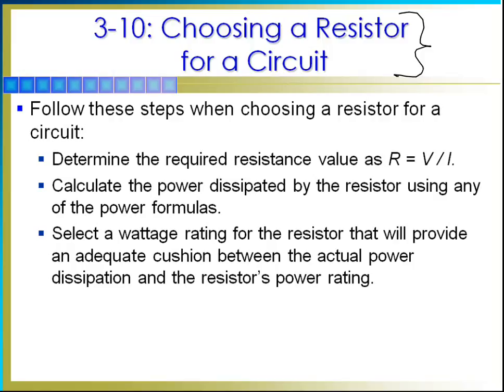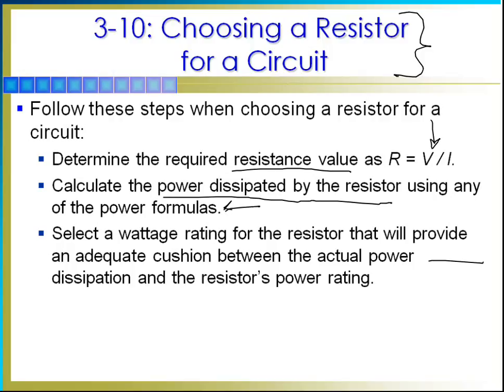Well, you have to determine the resistor size for the basic circuit. So what's the required resistance value? You can calculate the power that's going to be dissipated by the resistor using any of the power formulas.